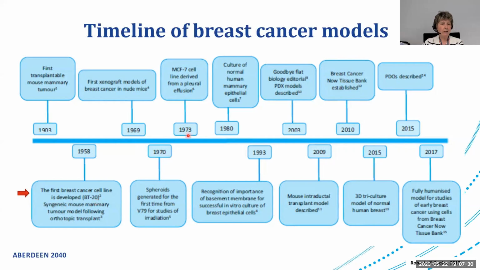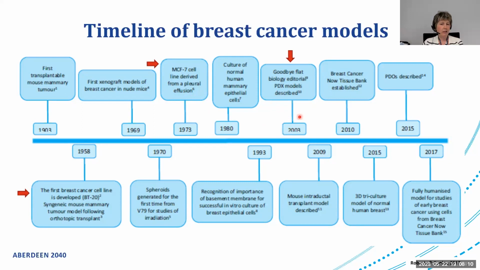In 1973, what I would consider the most commonly used human breast cancer cell line, and every breast cancer lab that does cell culture will have these in their stocks. That's the MCF7 cell line, and that was derived from a pleural effusion from a patient who had estrogen receptor positive breast cancer, and it's exquisitely sensitive to estrogen and has been used as a model to understand how estrogen and anti-estrogens work towards combating breast cancer.